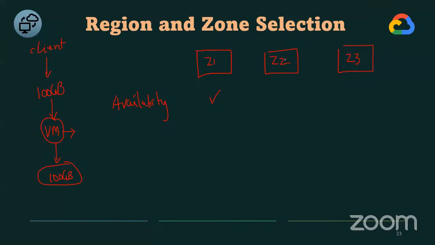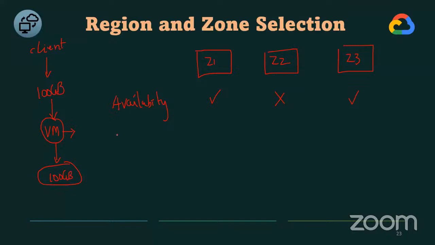In zone 2? No. In zone 3? Yes. So even before creating or deploying the resources, you first check whether the resource you are about to create is available in zone 1, zone 2, zone 3, and select properly. It is available here, not available here, available here.